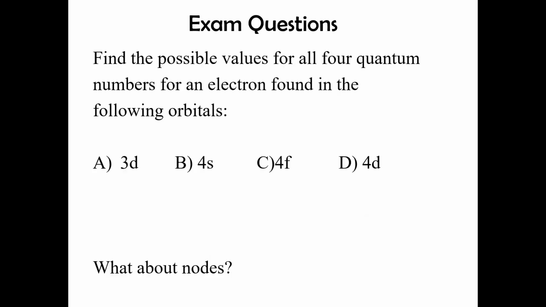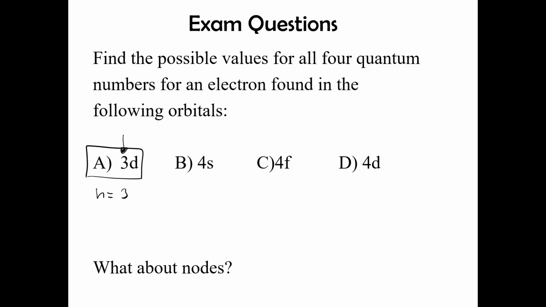Finally, I may ask you something like this on an exam. Find the possible values for all 4 quantum numbers for an electron found in the following orbital. So now I'm asking you what the set is for a particular electron in an atomic orbital. From the 3d, n is going to be equal to 3. N is always equal to that number.